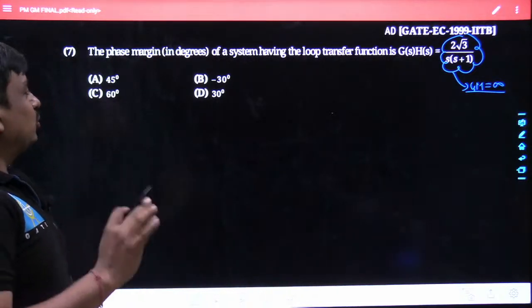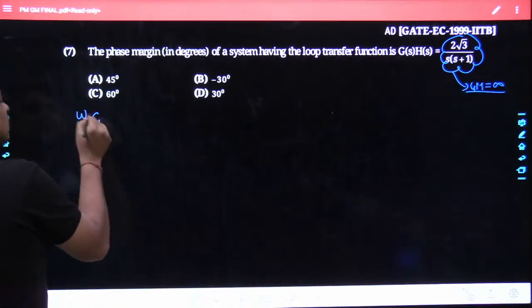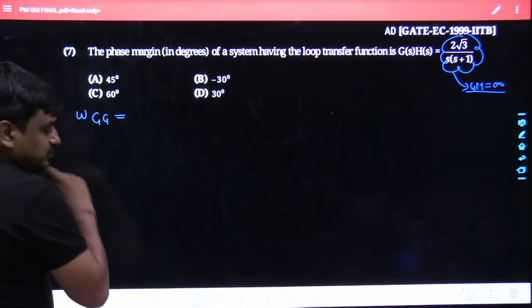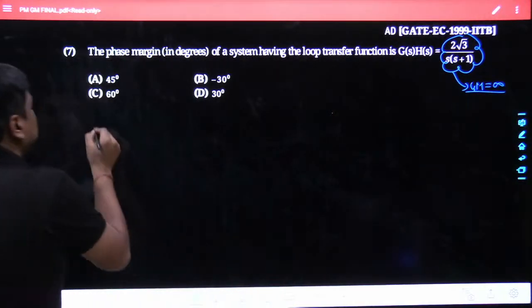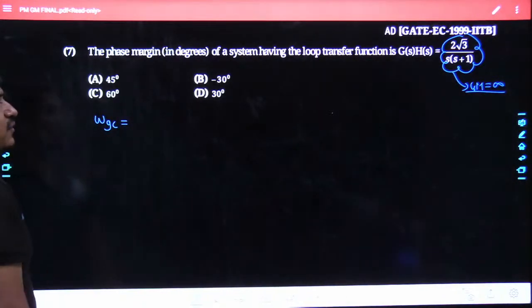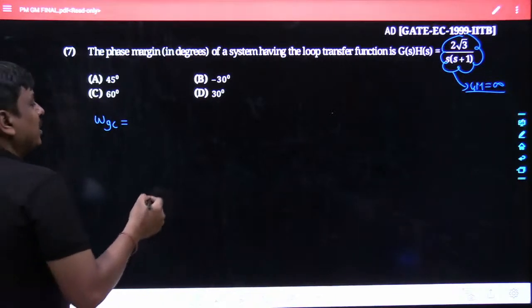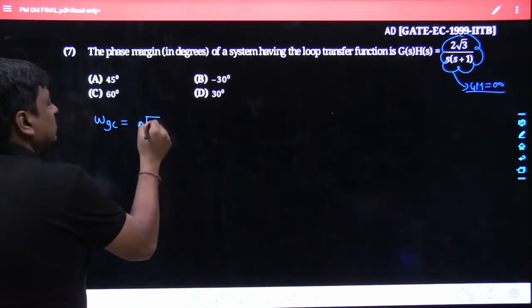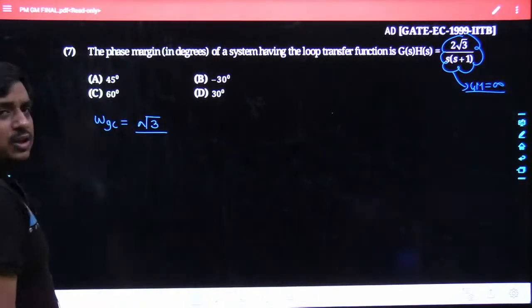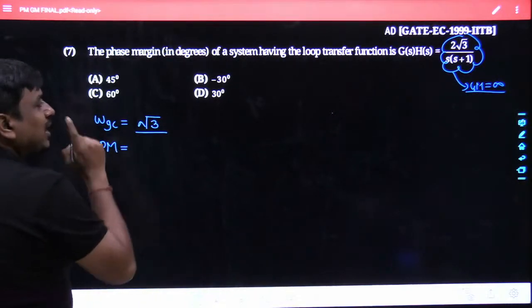Yes. So what would I be doing? First, I would be calculating omega GC, the gain crossover frequency. I have taken the reference of this formula, this problem at the very beginning, where the value of omega GC was got to be root 3. End of the day, I need to take the phase margin. What would be the value of phase margin?